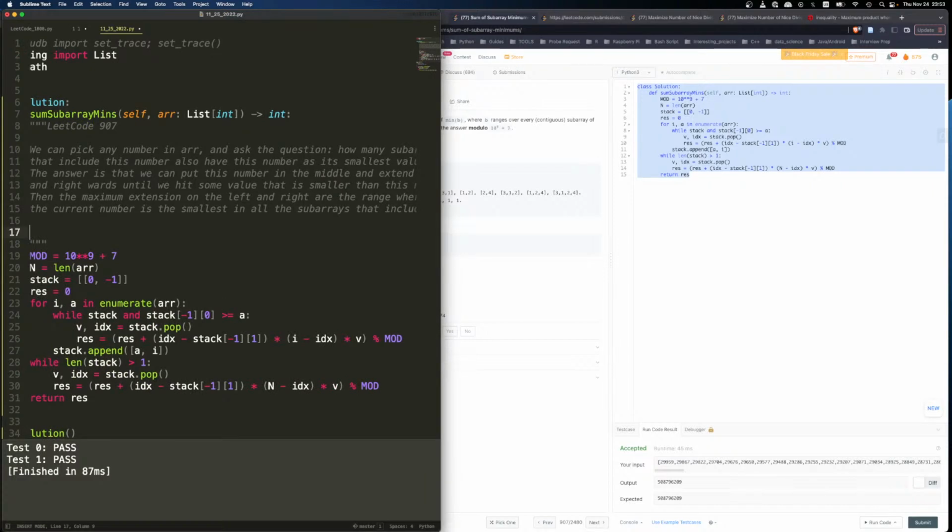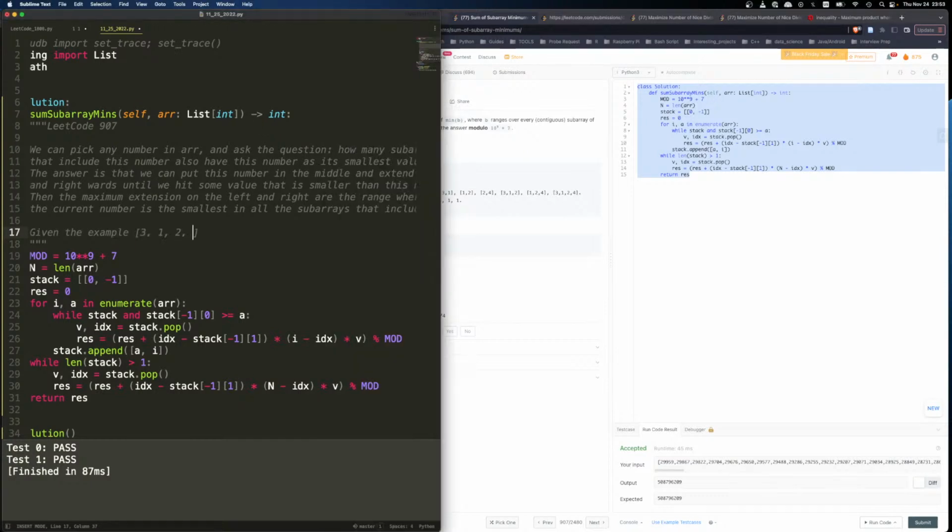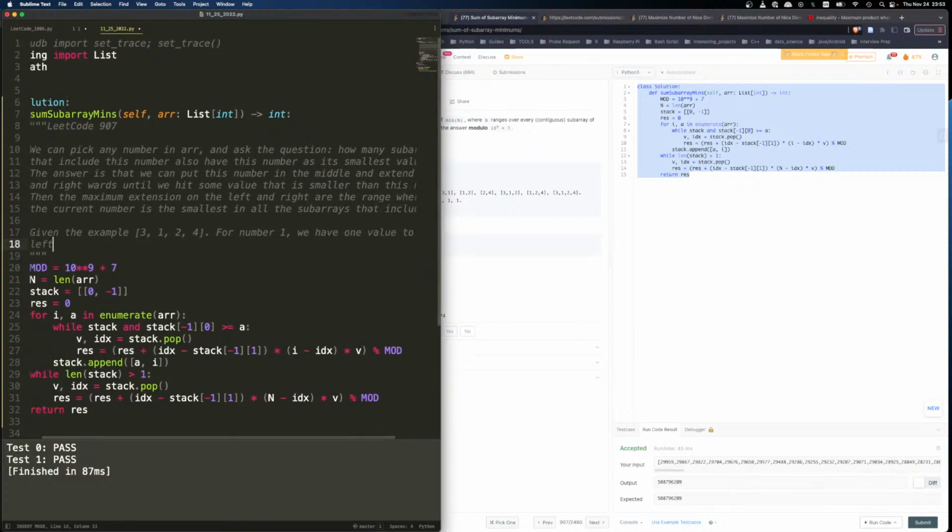Now say, given the example, 3, 1, 2, 4. For number 1, we have one value to its left and two values to its right that are all larger than it.